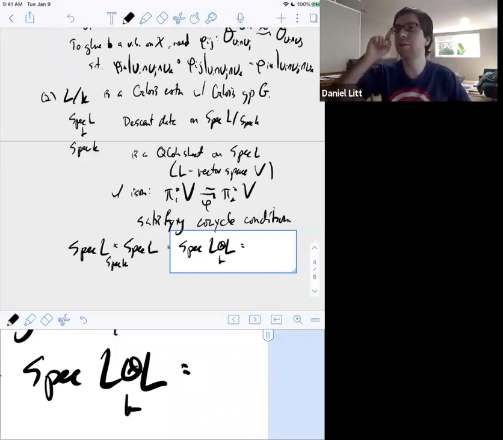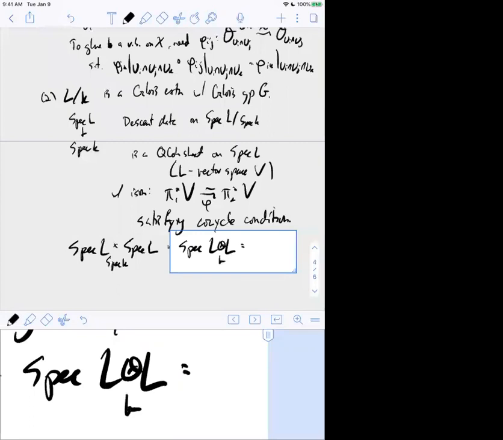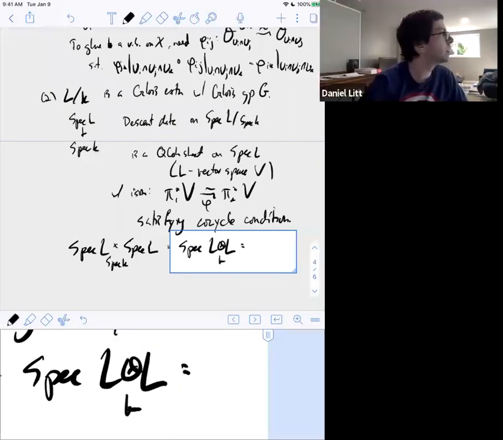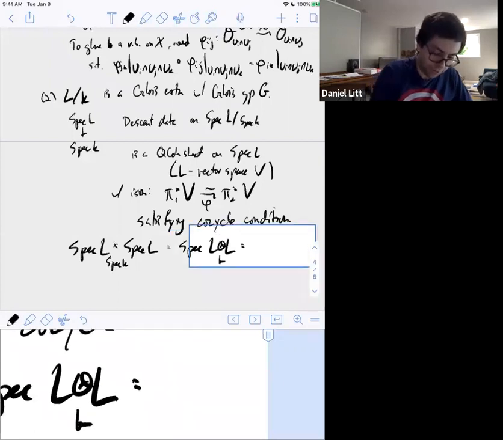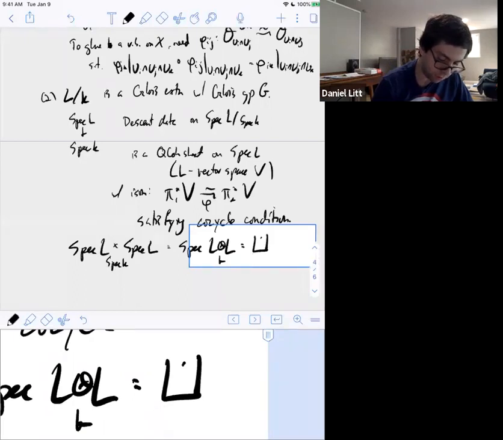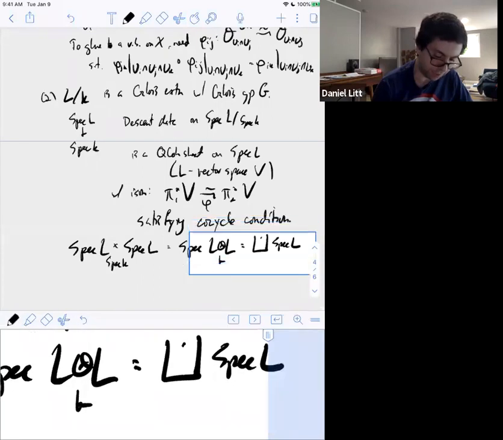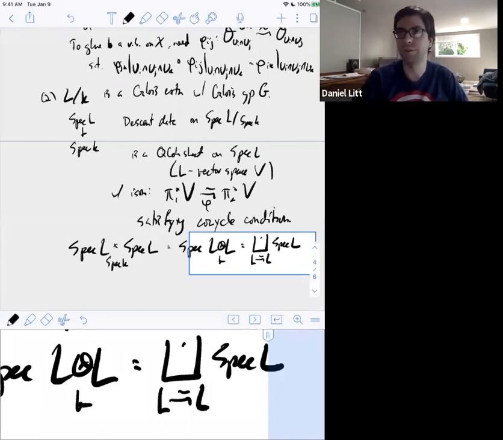Can anyone give a different description of this? Just the Galois group? Yeah, so the way I would describe it is it's a disjoint union of copies of spec L, which are indexed by automorphisms of L. Yeah, so you're right.